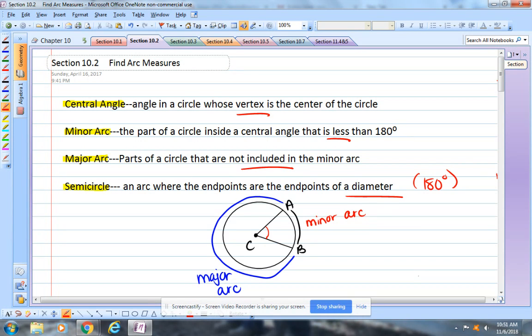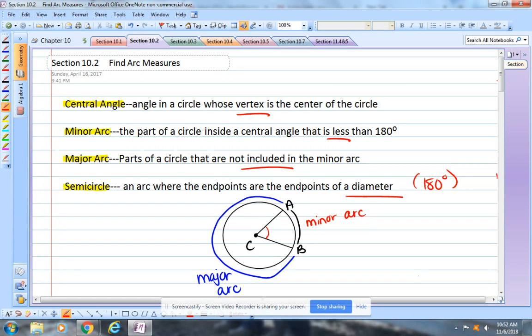The minor arc is the part of the circle in between the central angle. The two points that make the edges of the central angle, that part on the outside of the circle, is the minor arc.